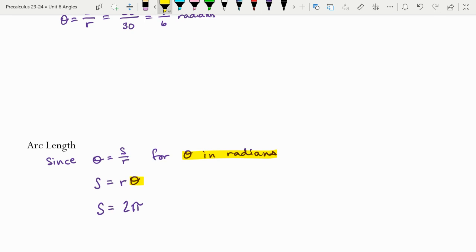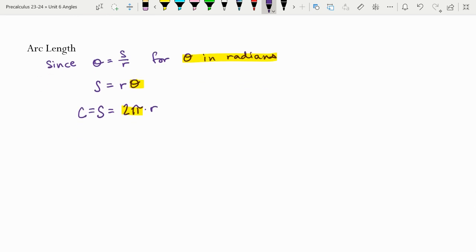That is my theta. And then the radius is whatever the radius of that circle is. So the arc length for one complete rotation is actually the circumference. And so it should make sense. We looked at it a little bit earlier, but that is where the circumference of a circle formula comes from.